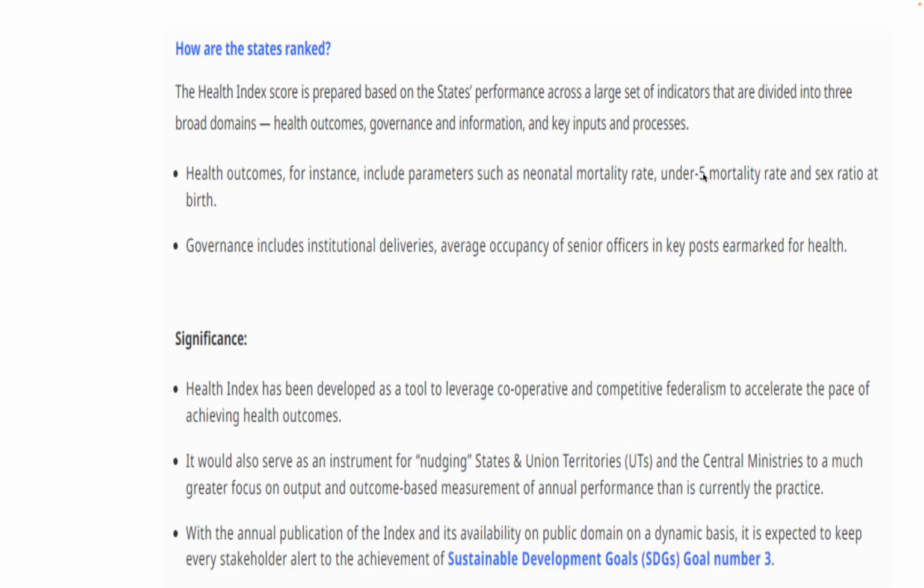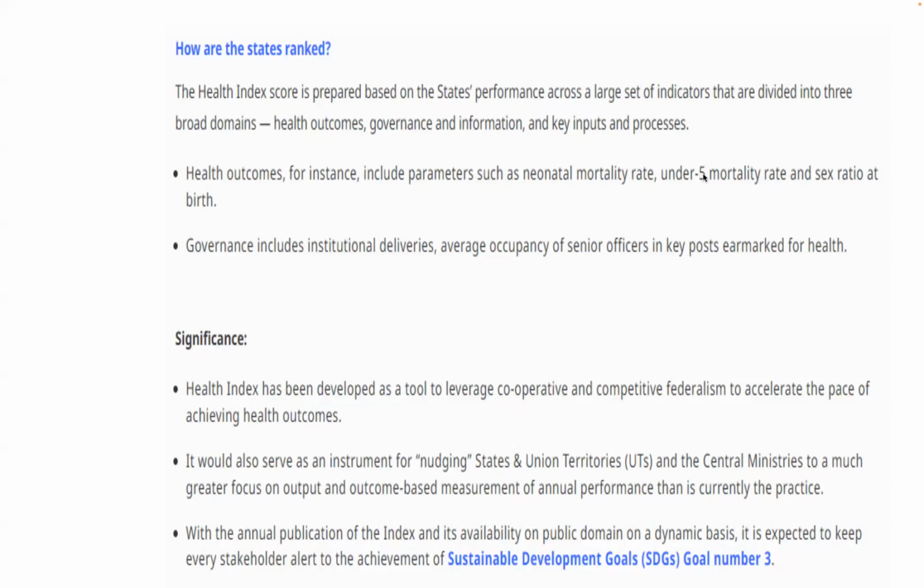And as per the governance models, those people who are earmarked for senior positions, how best they are equipped, what is the tenure of their occupancy in that particular post, or how many vacant seats are still left.